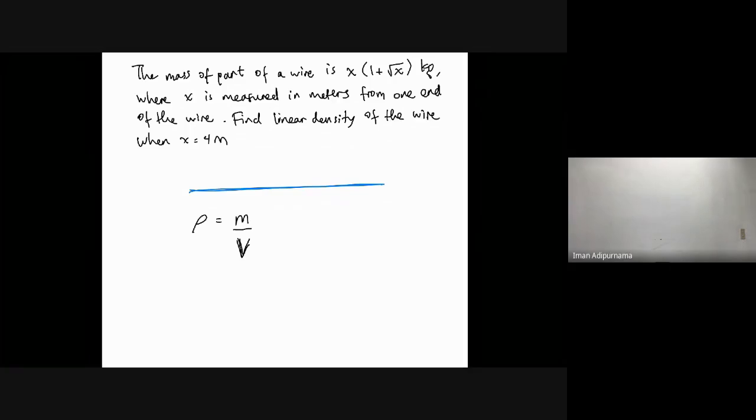You need to simplify things that you can simplify. So we need to think, linear density. We need to find density from that function.